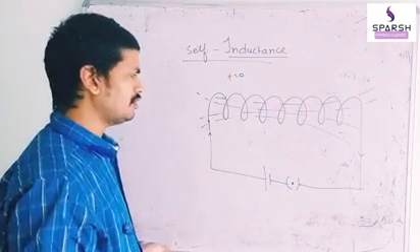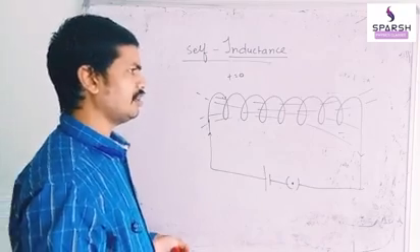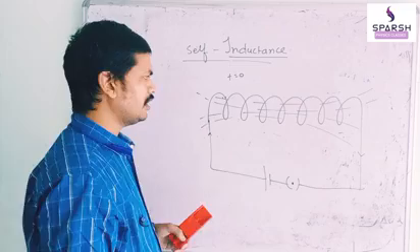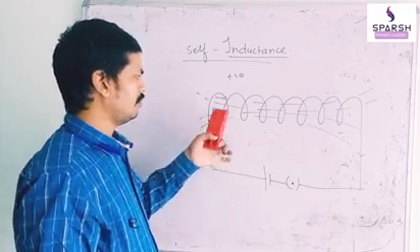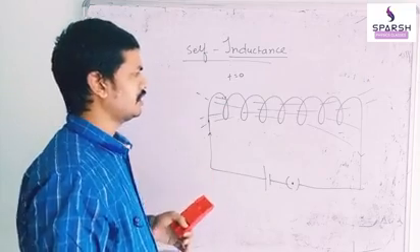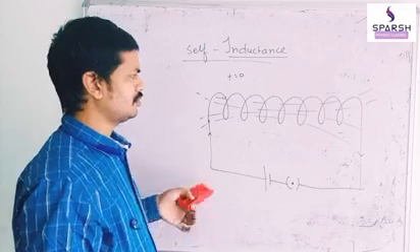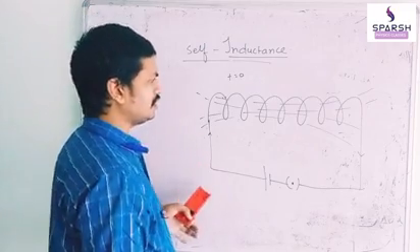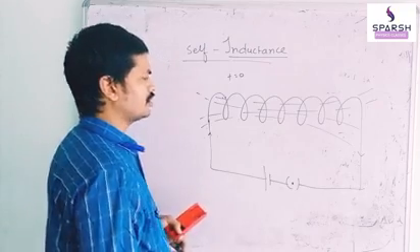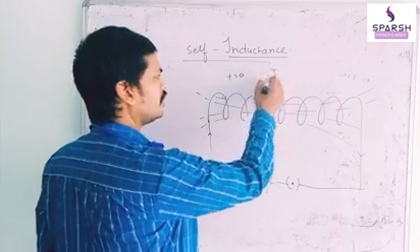So from Faraday's laws, whenever there is a change in the magnetic field linked with the area of the coil, that is magnetic flux, then an EMF is induced. This change in magnetic flux is taking place due to what? Due to change in current.